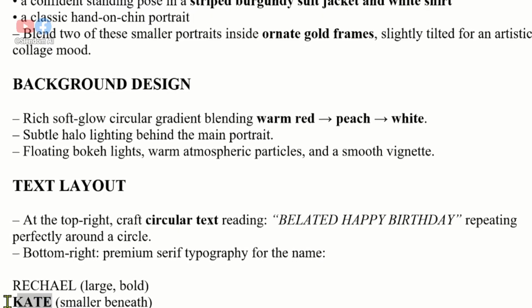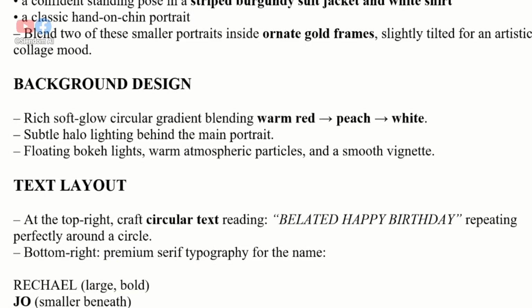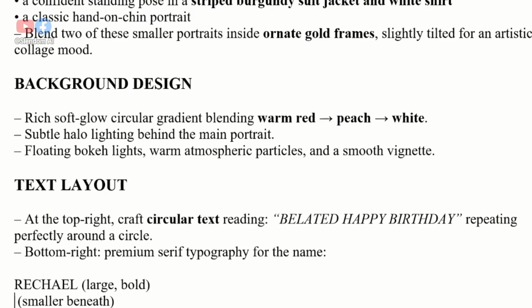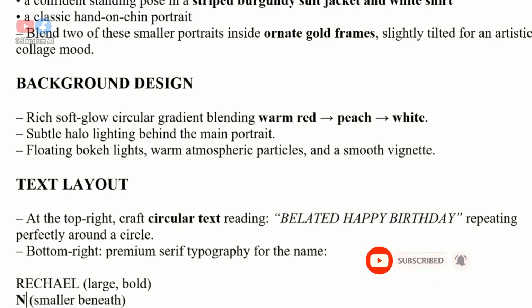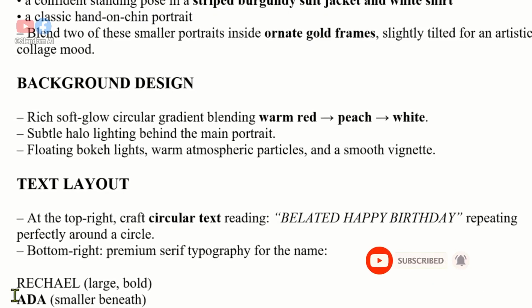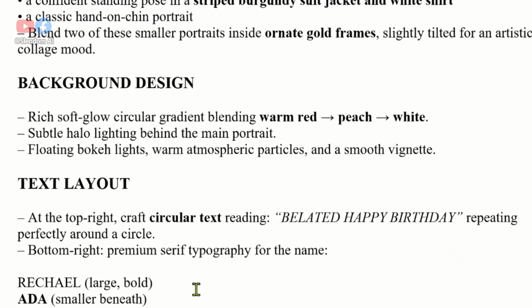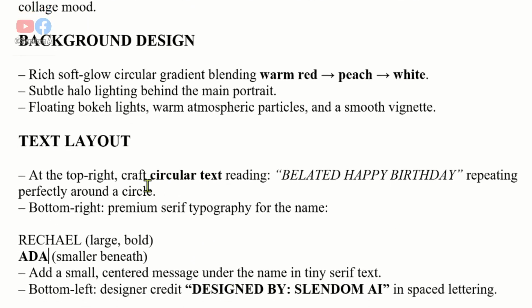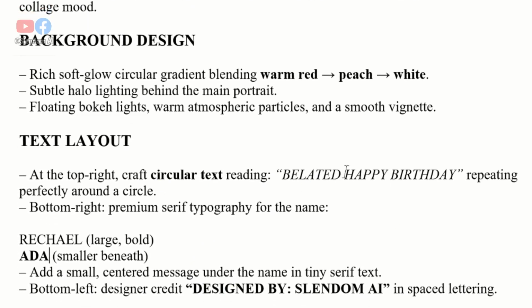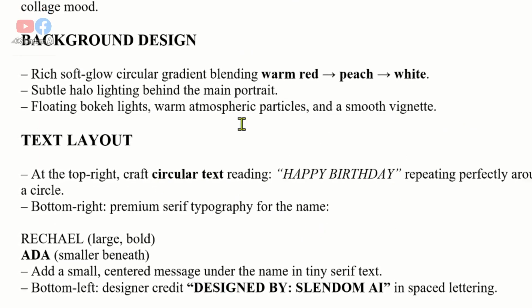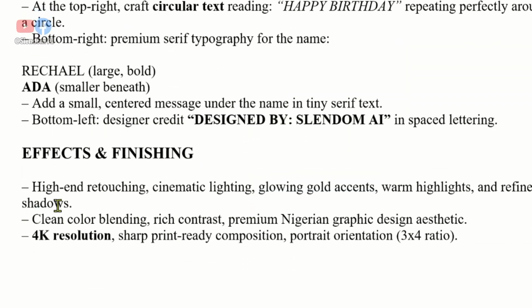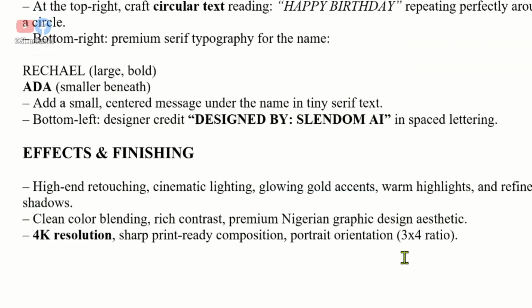Then I will say Rachel John here or any other name that person may have. Let me say Rachel Ngo, or Rachel Ada. Let's put it that way. And then let's say I don't want this belated happy birthday. I just want to have happy birthday there. Look at the effects and look at the size here.